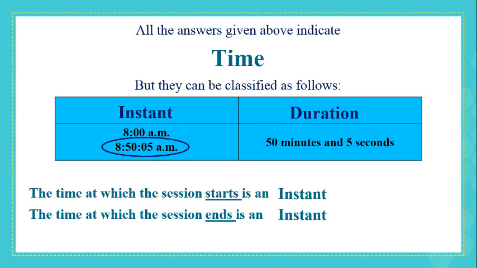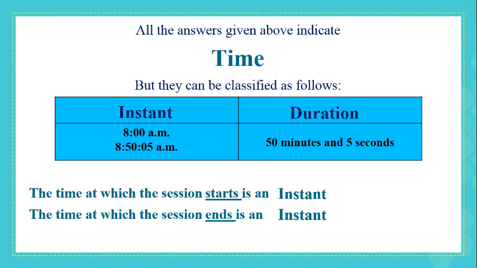This means that the time at which an event takes place is called instant. The time at which a football match starts, the time at which a movie ends are examples of instant.